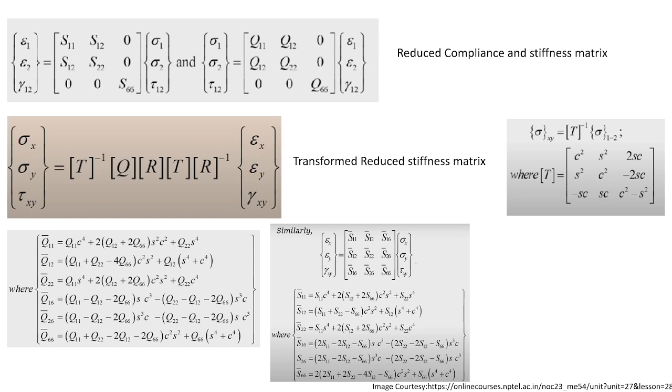That is, when we are given a lamina which has materials at certain angles, and we need to define those material properties in terms of the global axis XYZ. At that time, we take the transformation matrix and multiply it with the compliance and stiffness matrix, and later we get a transformed reduced stiffness and compliance matrix, as you can see here.